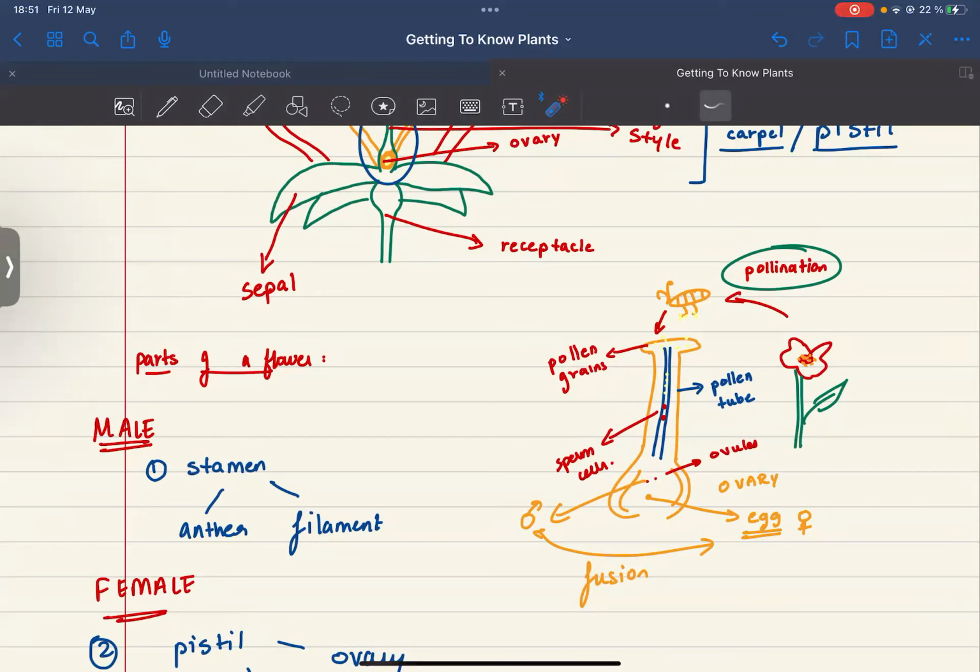Ma'am, first bees contain pollen grains and they convert it into pollen tube, and this pollen tube gets converted to sperm cells, and this reaches the ovary, and they produce the egg which is female, and sperm, and this process is called fusion. That's all. And then the seed is formed and the new plant is formed.